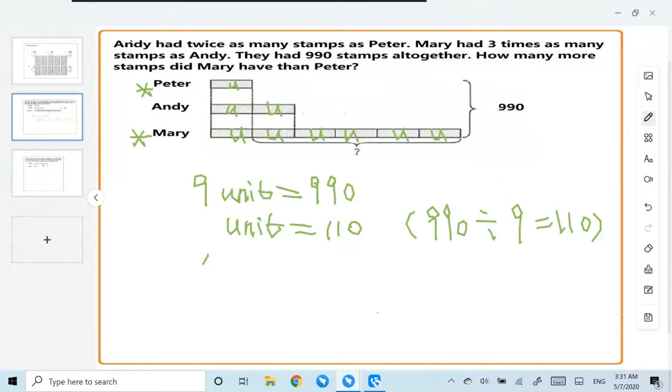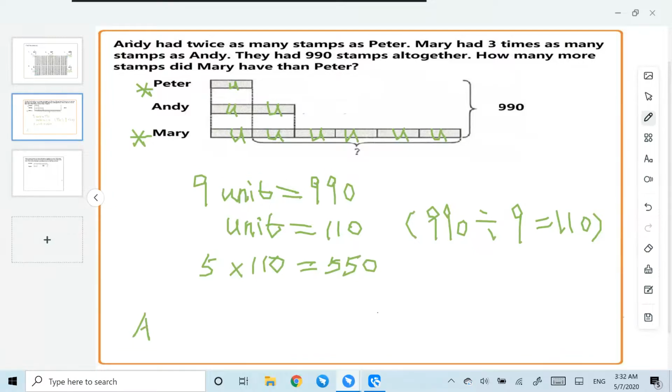Then now I can know 5 units times 110 equals 550. Right?